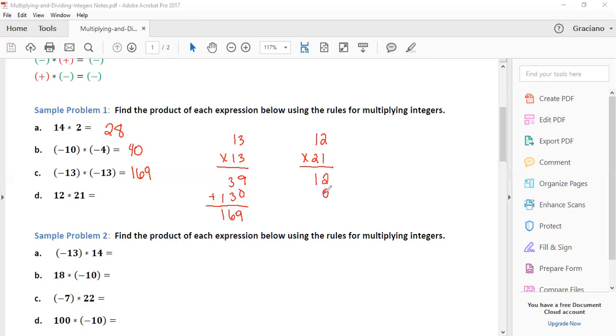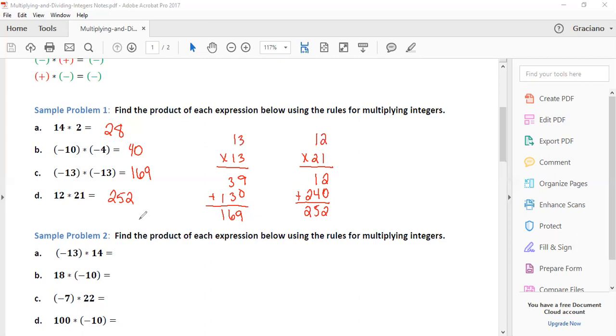I'm going to indent for my tens. 2 times 2 is 4, 2 times 1 is 2. I'm going to add it up, and I'm going to get 252. And that's going to be my answer because both of my numbers are positive. So I'm just multiplying them together to get 252.